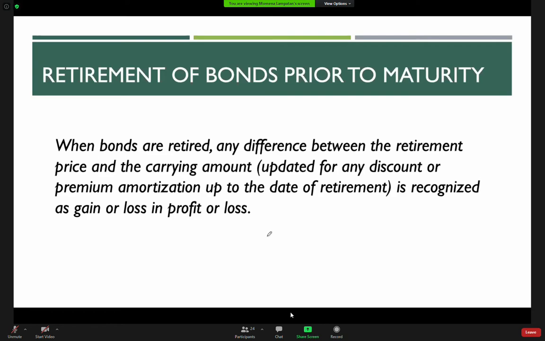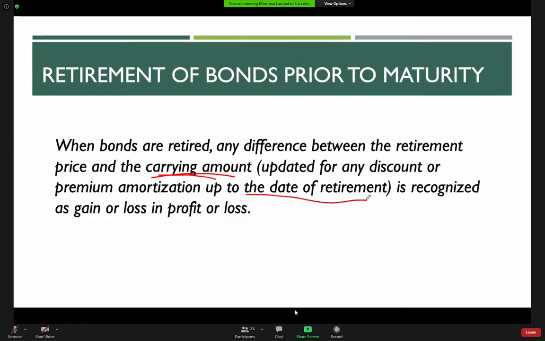Okay? So when the bonds are retired, for any difference between the retirement price and the carrying amount, you are going to identify first the carrying amount of the bond on the date you retire it. What does that mean? All discount or premium that should be amortized up to the date of retirement.